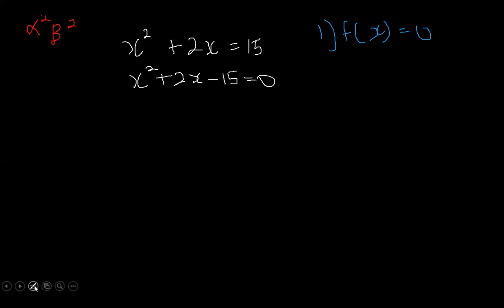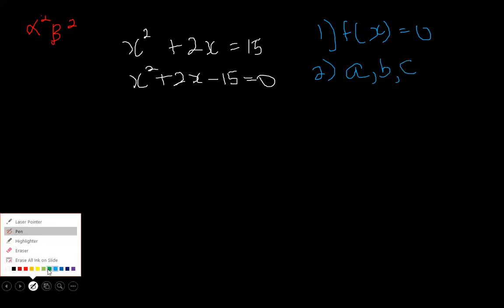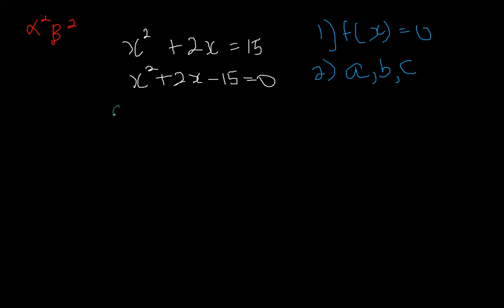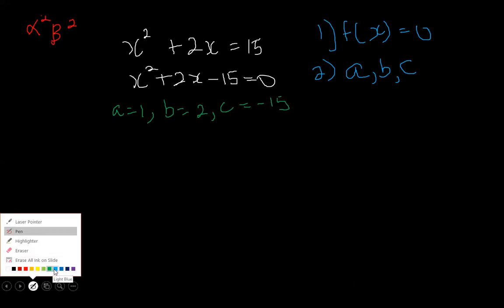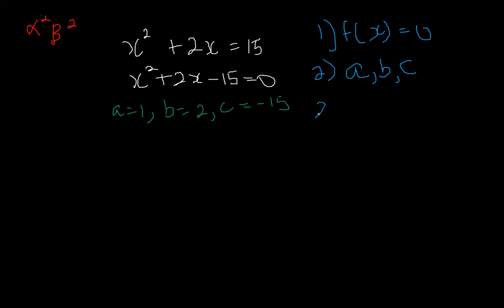Step 2, you identify your A, your B, and your C. Anybody tell me what's A, what's B, and what's C? A is 1, B is 2, and C is negative 15. See, these steps are the same as before.